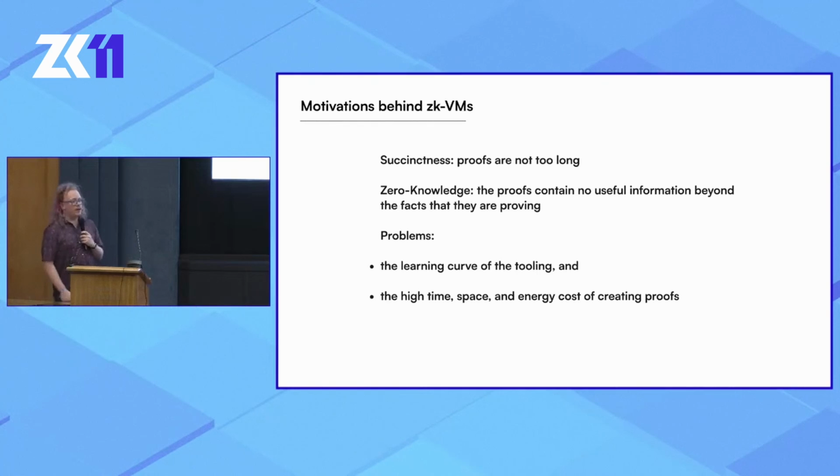As with much of ZK, the main difficulties with adopting this more widely today are the learning curve of the tooling, the high level of technical content required, as well as the proof systems themselves, their high energy, space, and time costs.